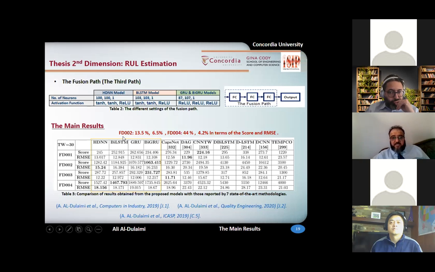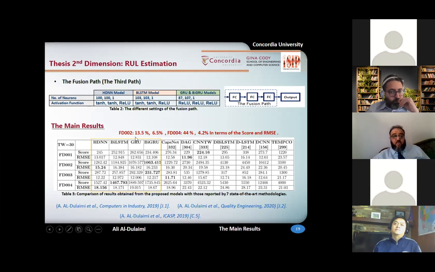So the main results of those proposed models, based on this box, the first four proposed models. We can see in this table that we achieve the best result in terms of FD002 and FD004, which are the most complex scenarios.